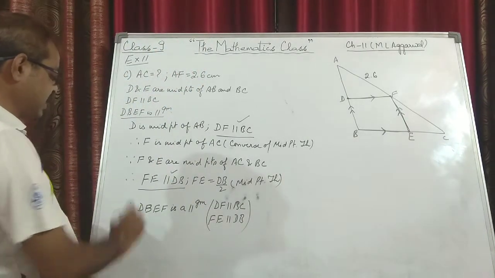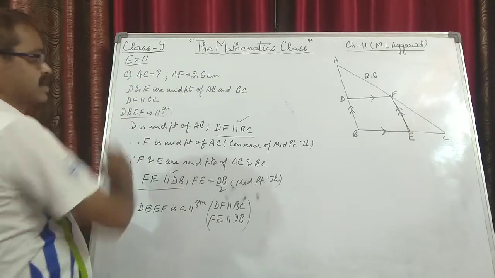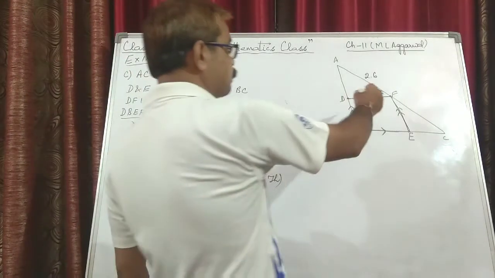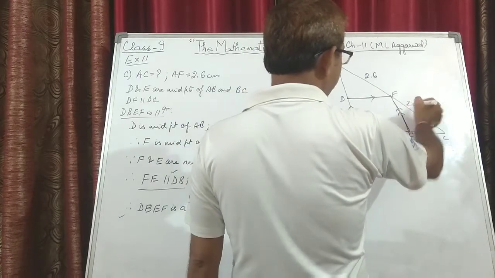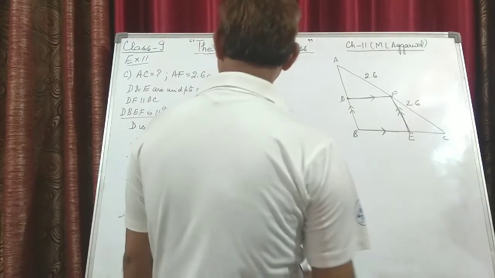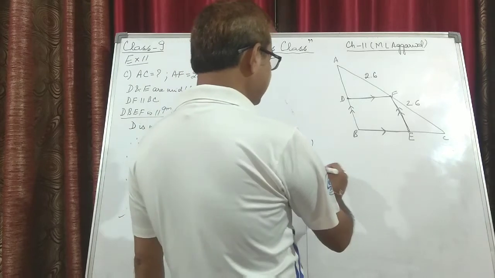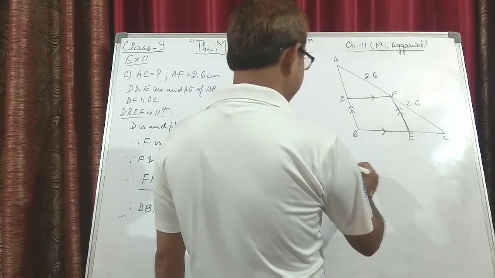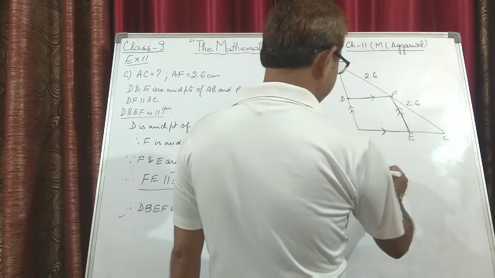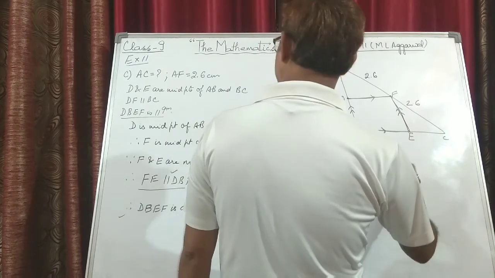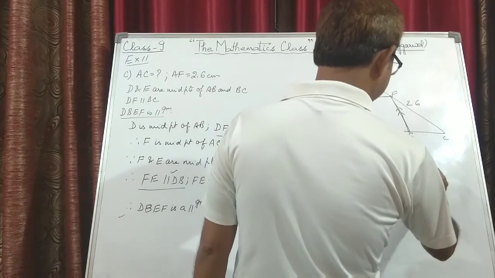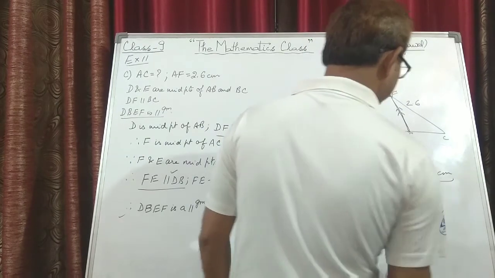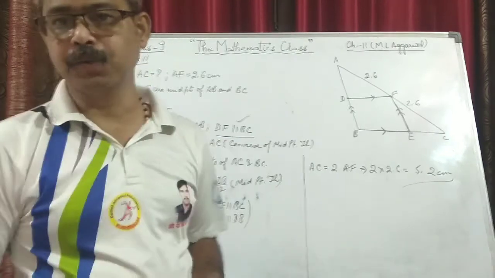Now, once you have proved that DBEF is a parallelogram, you have to find AC. It's very simple because it has been proved that F is the midpoint. So obviously, if this is 2.6, this has to be 2.6. So AC will be 2 times AF, that is 2 times 2.6, 5.2 centimeters. That is the final value.